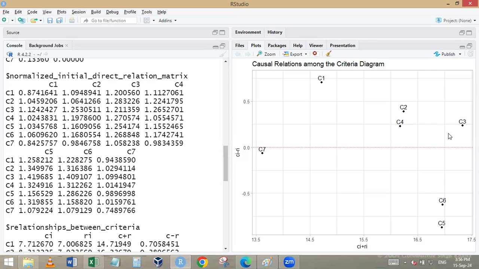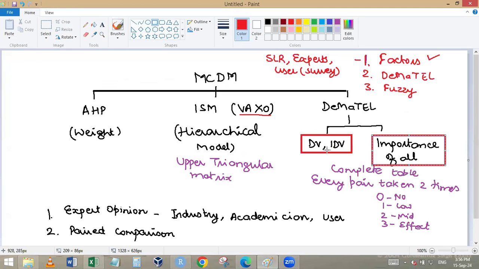No, in the sense that ISM gives you a hierarchical model. A will lead to B, B will lead to C, C will lead to D. There is no such thing given here. It's just these are DV, these are IDV. Remember what I have written? It tells you DV, IDV as a bundle. It won't tell you about the mediator or other stuff. It will simply tell you the bundle of that. So answer is yes and no both.